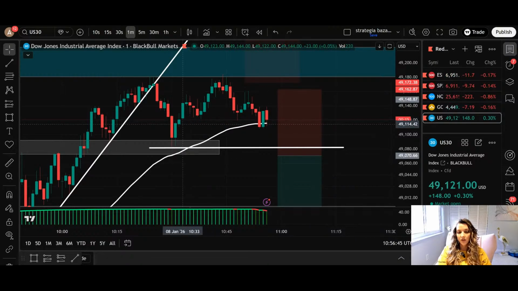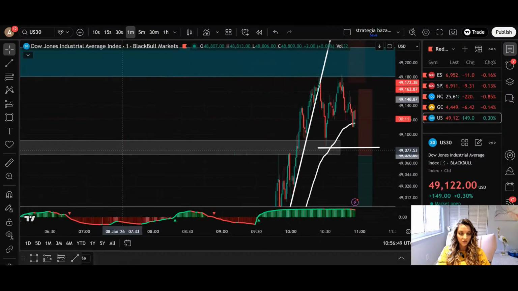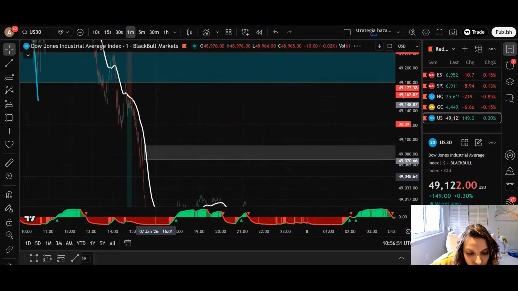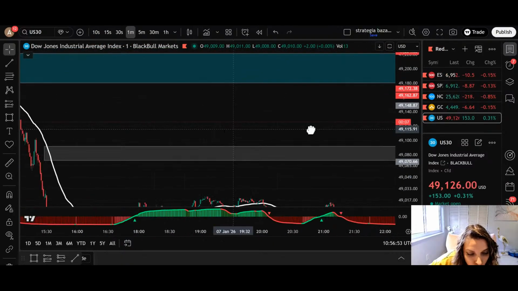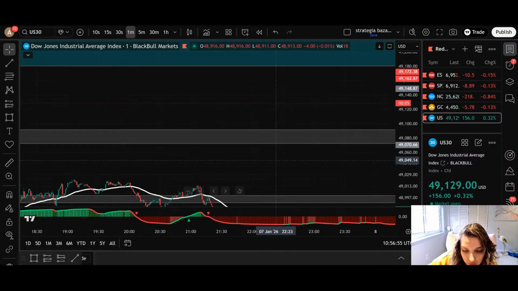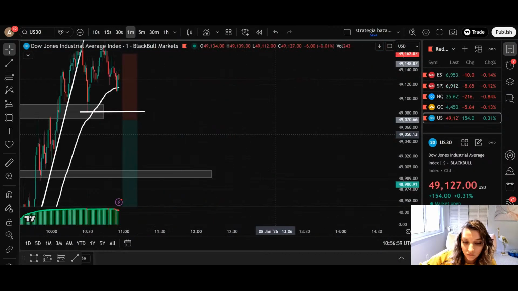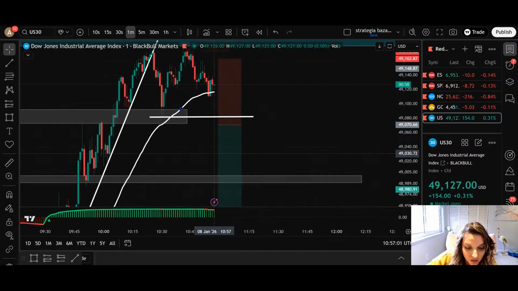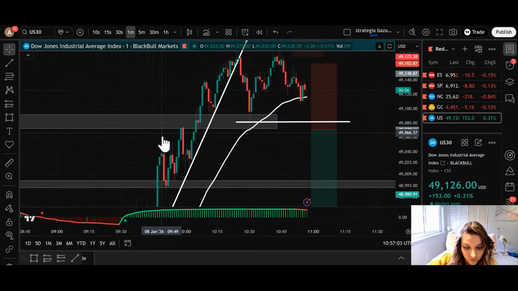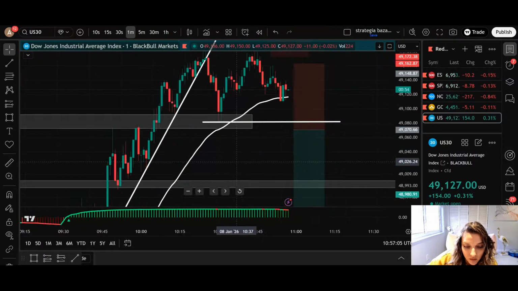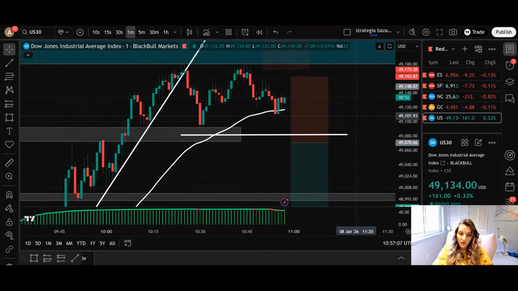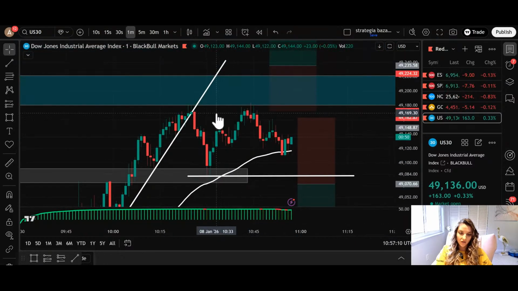But this was a good entry. It was a rejection of a previous, what did I mark here? Oh, I just marked this. So it was a rejection, but this area right here is stronger.